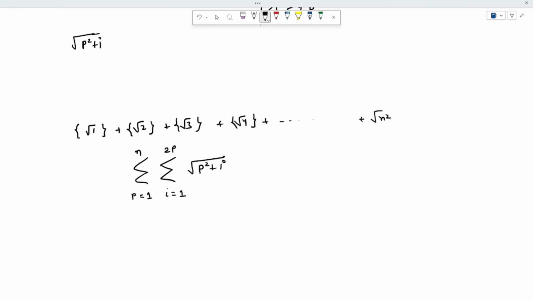So what will we get here? First we take the value of p as 1, so this is square root of 1 plus i.